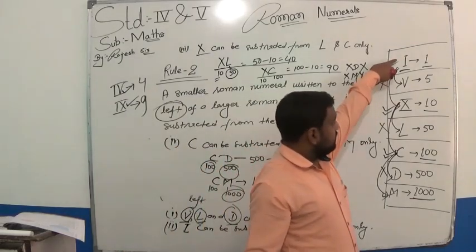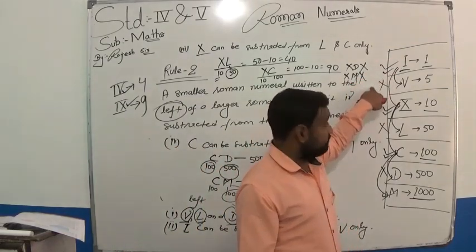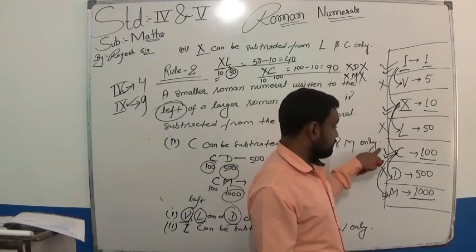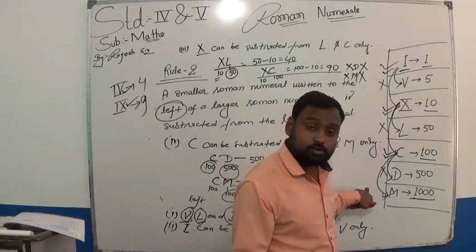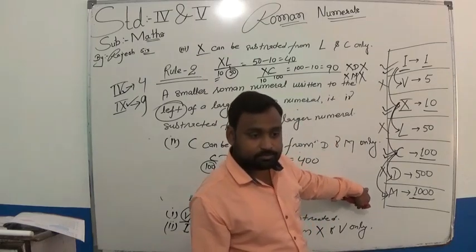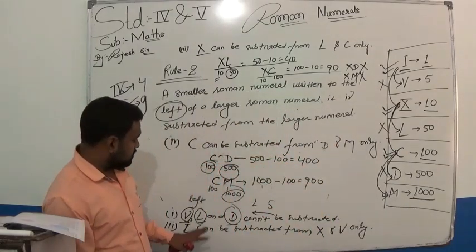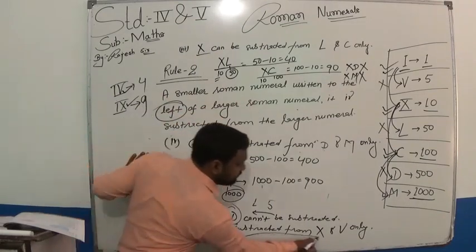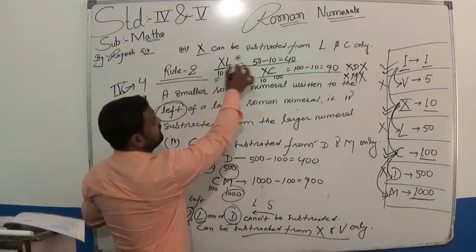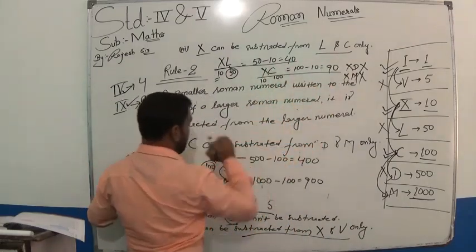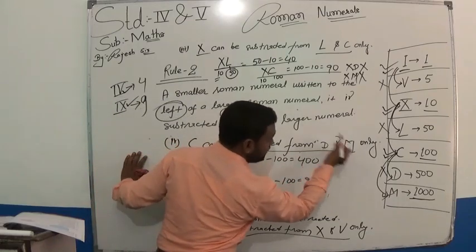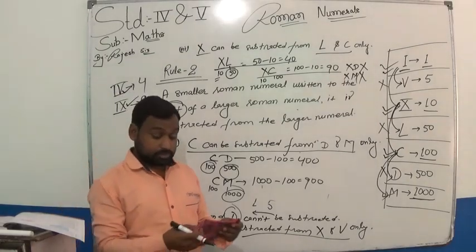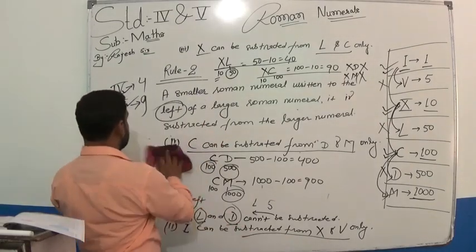Yes. I from the next two Roman symbols, X from the next two Roman symbols, C from the next two Roman symbols. All are clear. I can be subtracted from X and V only. X can be subtracted from L and C only. And number 4, C can be subtracted from D and M. Now we come to the third rule.